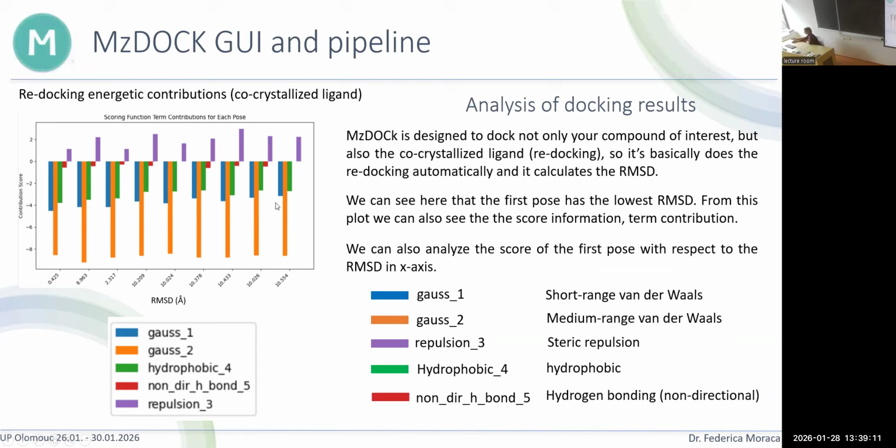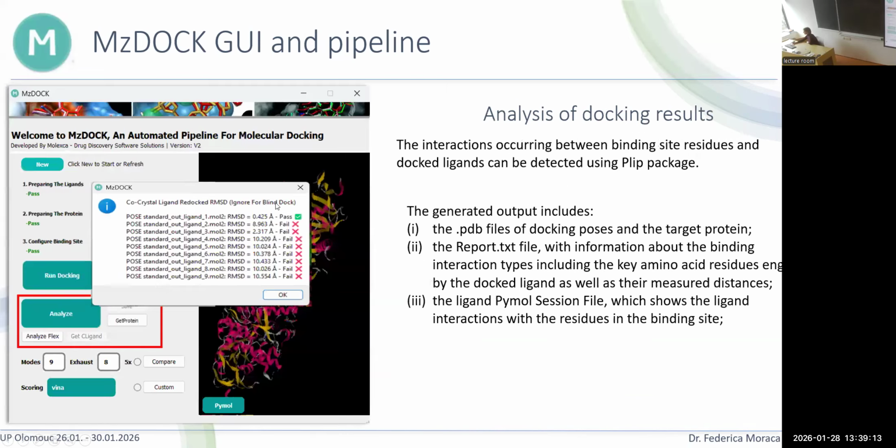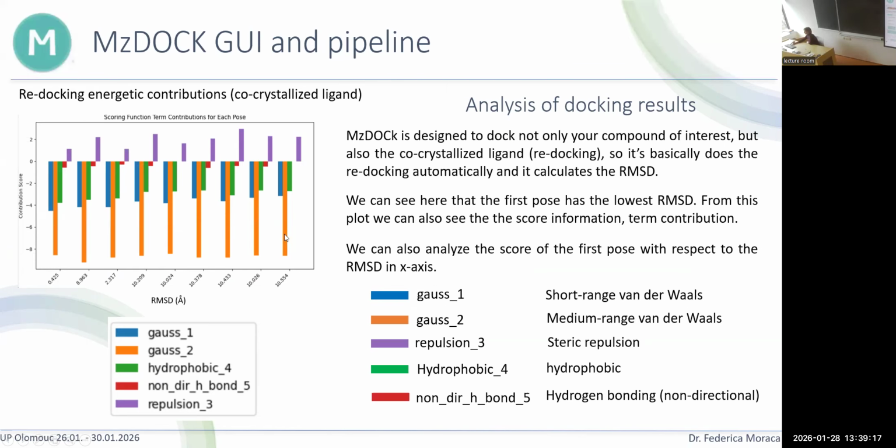So the first result is not only the Hermes D value, but also the contribution score given in each pose by the co-crystallized ligand. So in this case, we have as axis the Hermes D value, as we can see here in the lowest Hermes D pose.